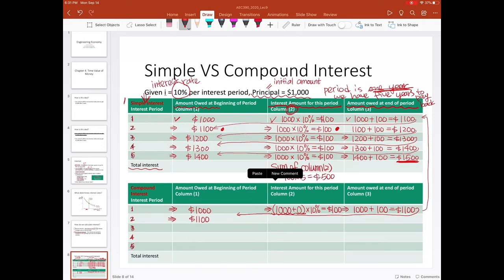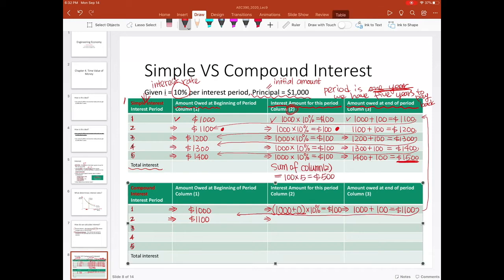And then let's think about the interest. So the interest of the compound interest will be the principal, the 1,000, plus any previous interest. In our case, in the second year, the principal plus the interest in the first year will be what?